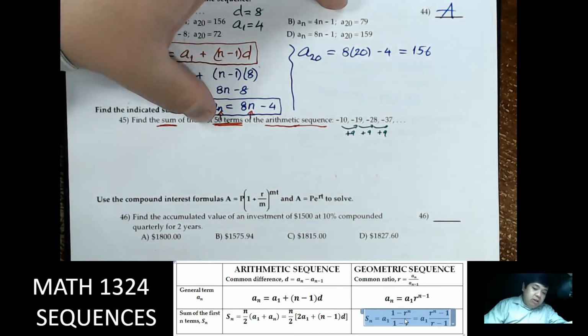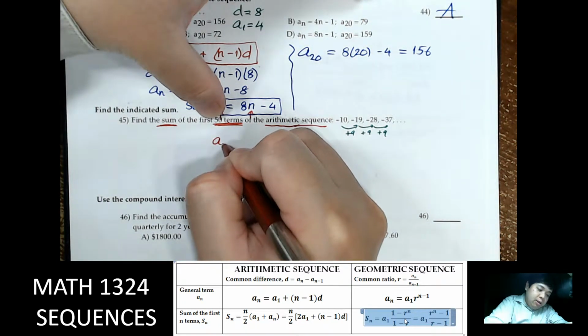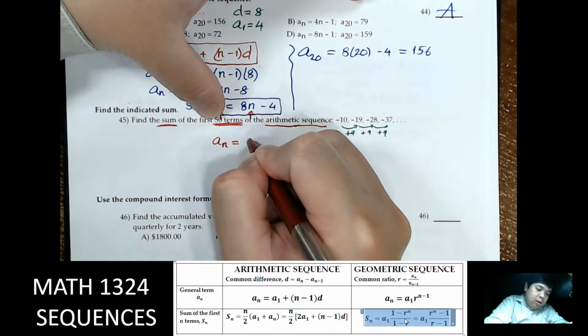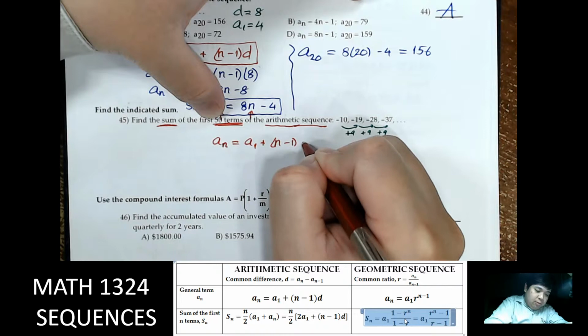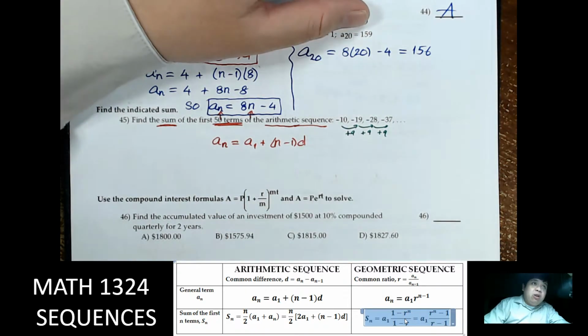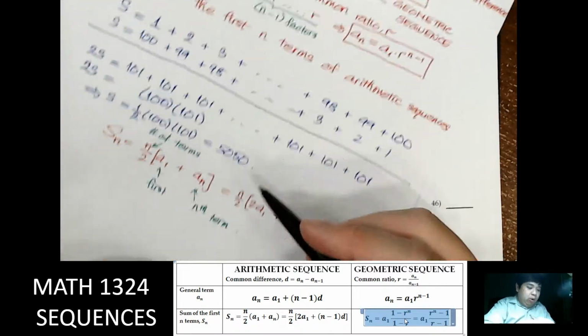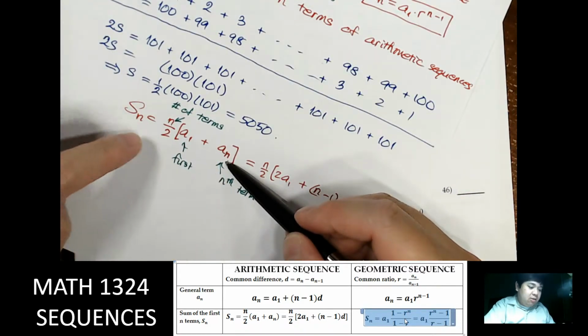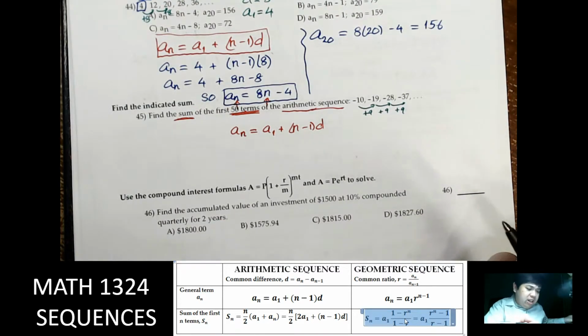So let's first find the 50th term. So we start with the general term. Now we find the 50th term, meaning we're going to need to find the nth term and the first term and the number of terms. Most of them are given.